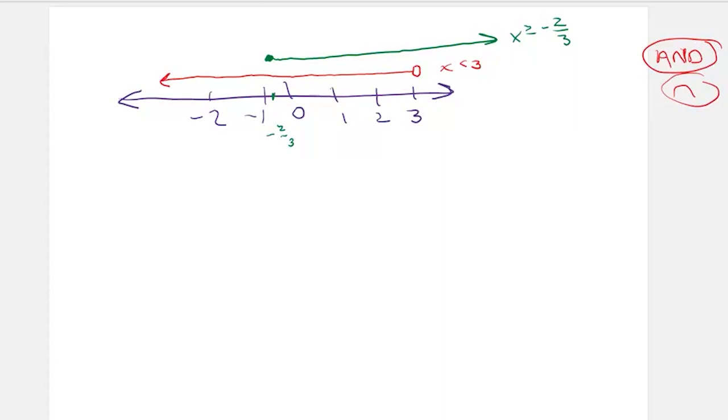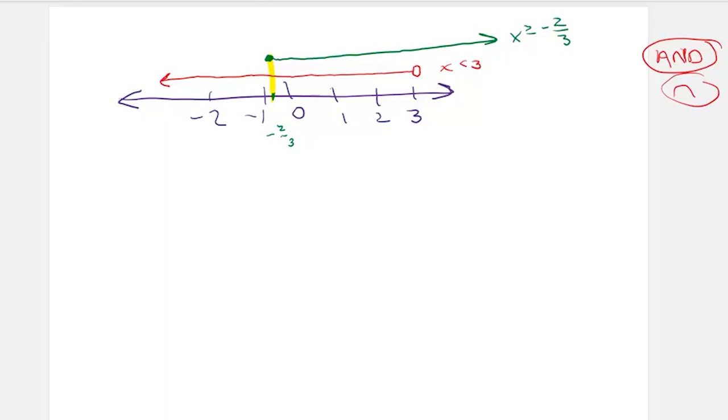So here is where the green line starts. Even though the red line goes more to the left, it doesn't matter because you have to have the red and green line to make an intersection.